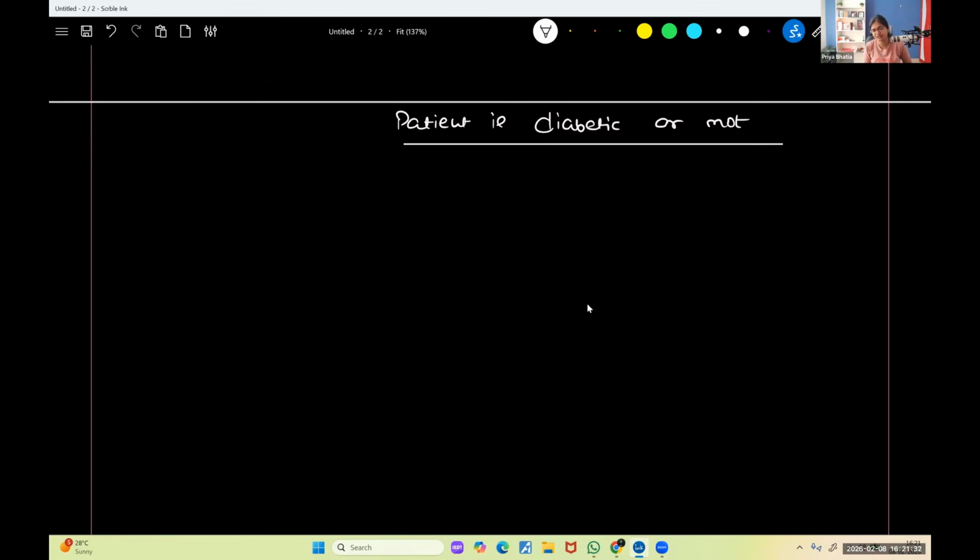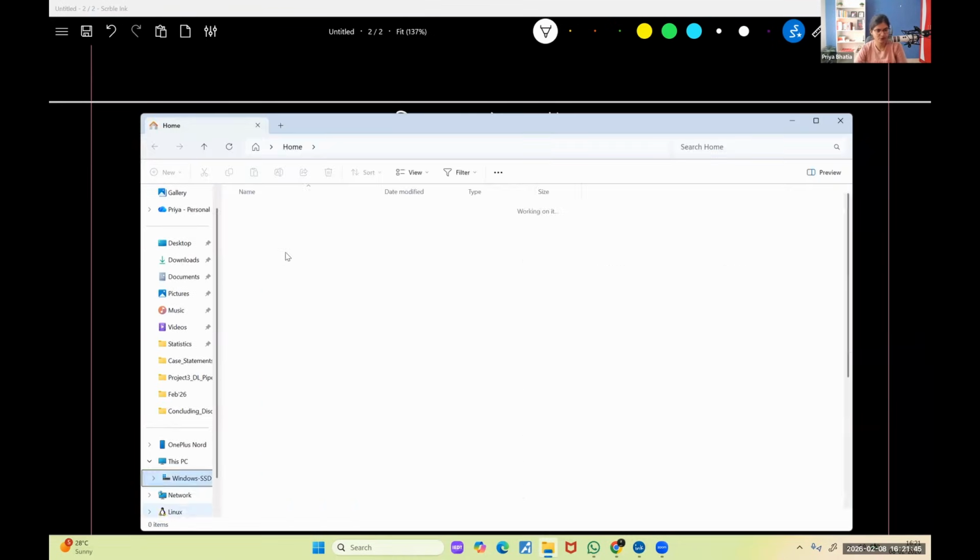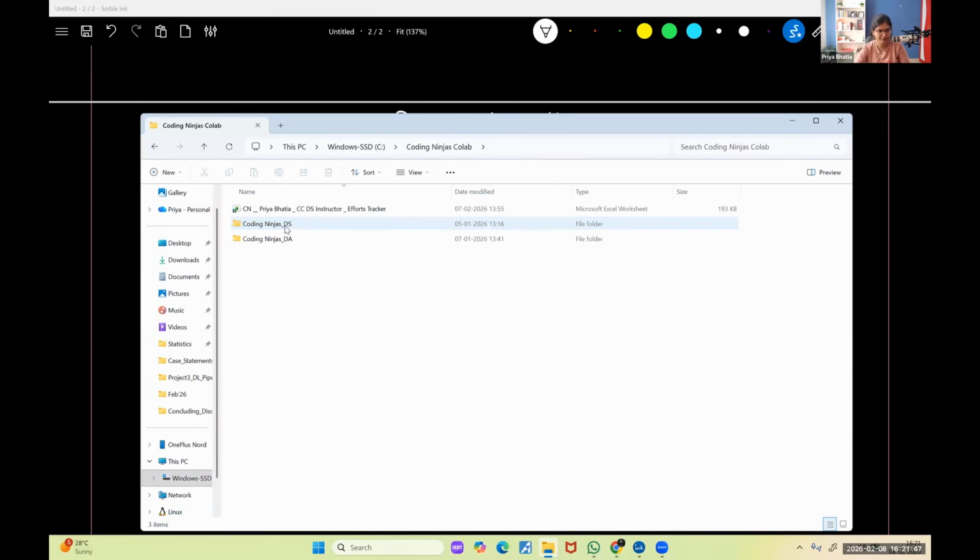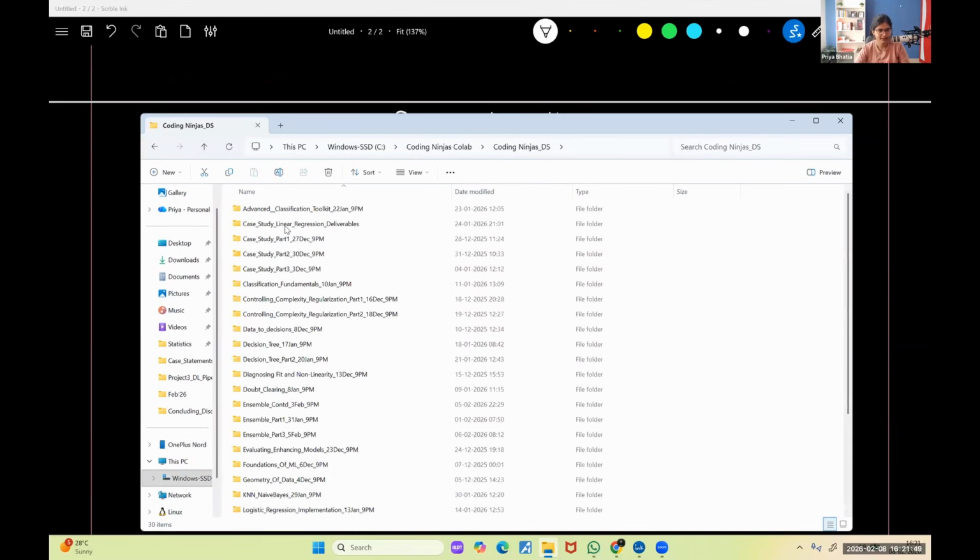That is the main use case which you are solving. For this specific problem, you will be having a lot of input features. I think I have one data set also, which is similar to this.